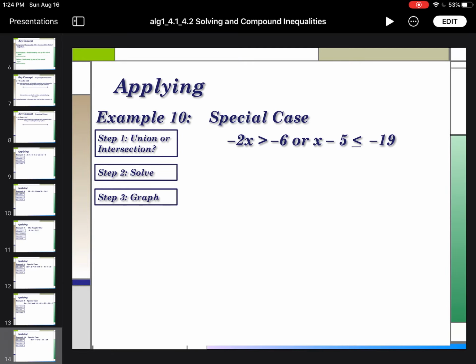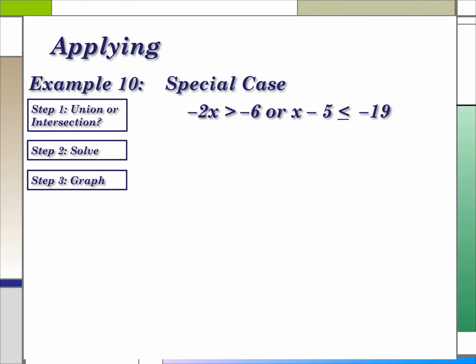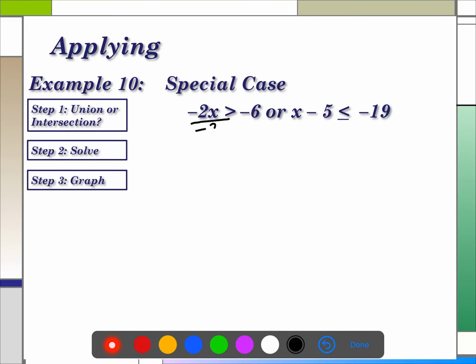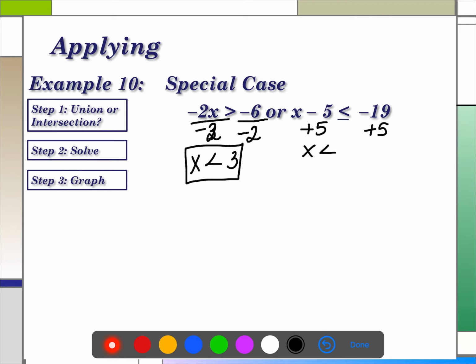Okay, so I get x is less than 3. Okay, and then... okay. All right, so put those on a number line.